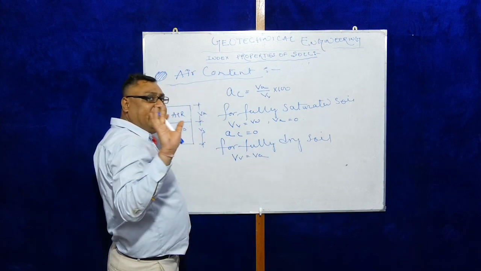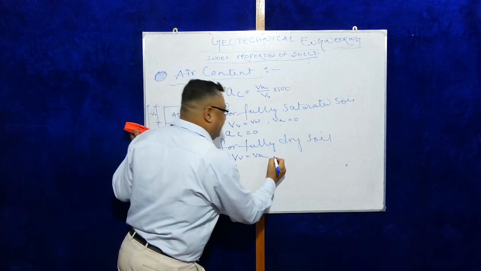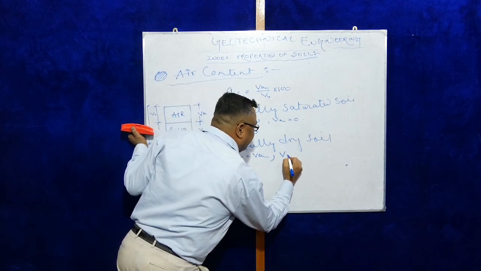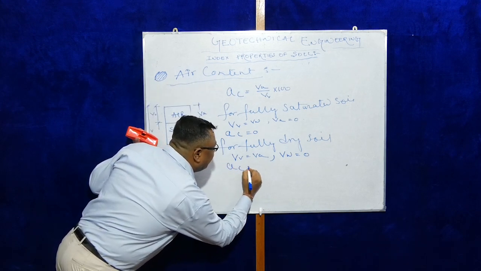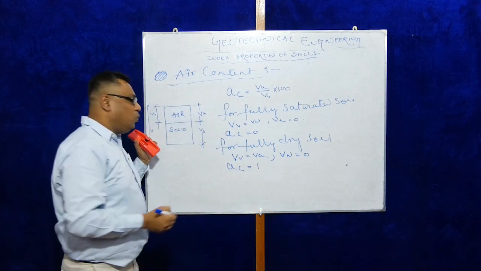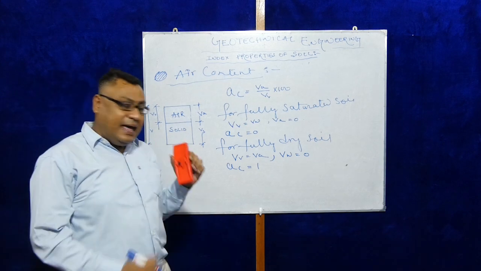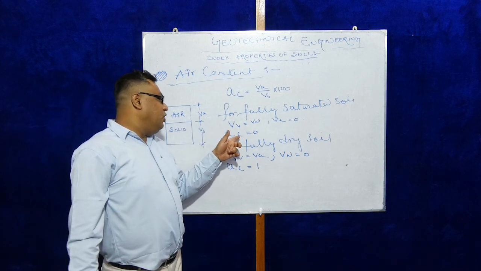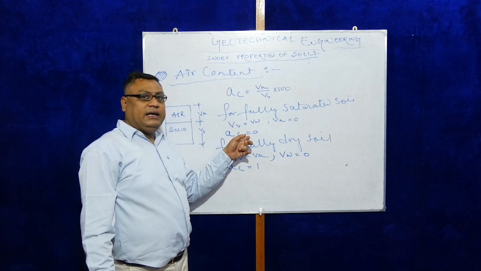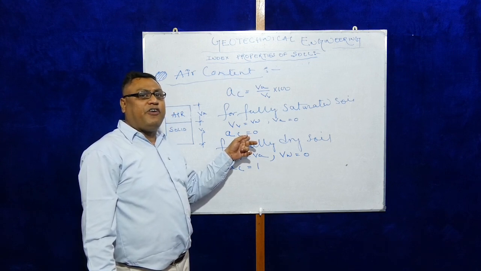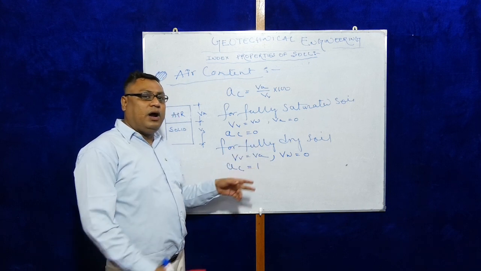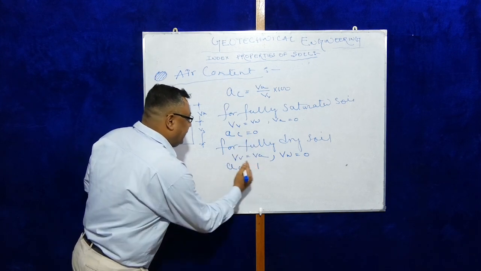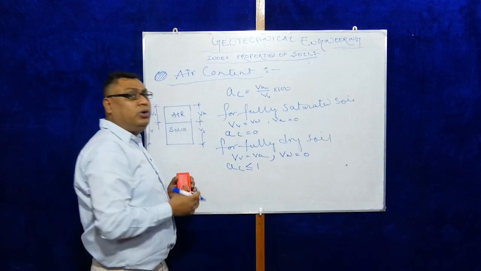That means there is no moisture content or water present in the void space of soil sample. Therefore, VW is equal to 0. Therefore, air content for fully dry soil is equal to 1. Here, the lower limit of air content is equal to 0, and upper limit of air content is less than or equal to 1.